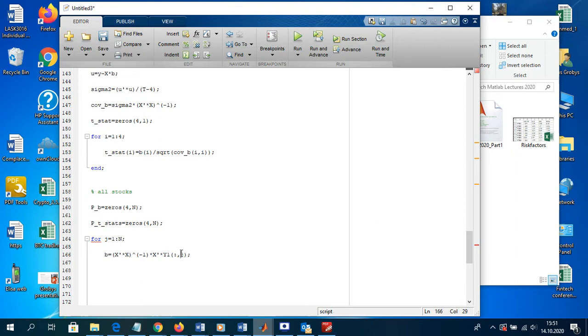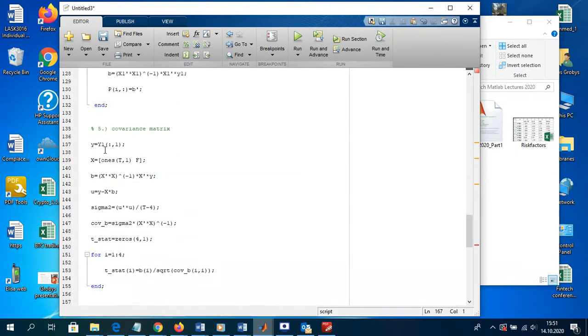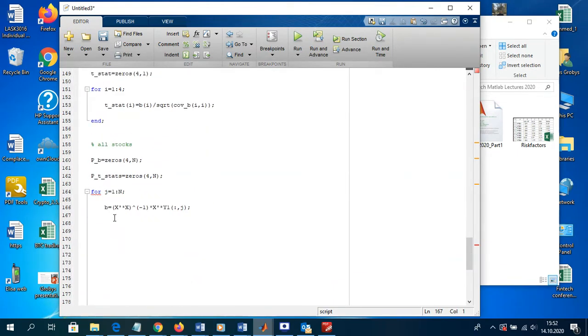So j is 1, take the first column and all rows of the excess return matrix. This is what it tells us here. And regress it on the Fama and French three-factor model, which we have already defined earlier here. Very simple. The next step is, once we have the corresponding point estimator, if j is 1, we get the OLS estimate for the first stock, and we need to store it somewhere.